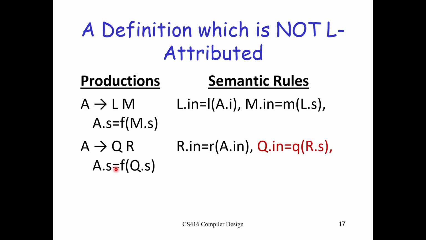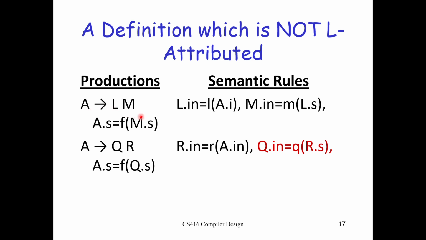This is an example of a non-L attributed syntax directed definition. So while you write the explanation for the L attributed definition, you can also provide this example to support the definition of L attributed syntax directed definition.